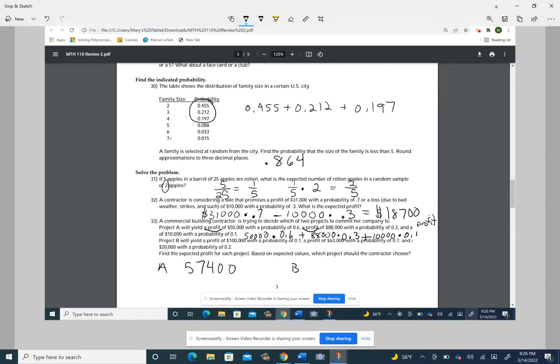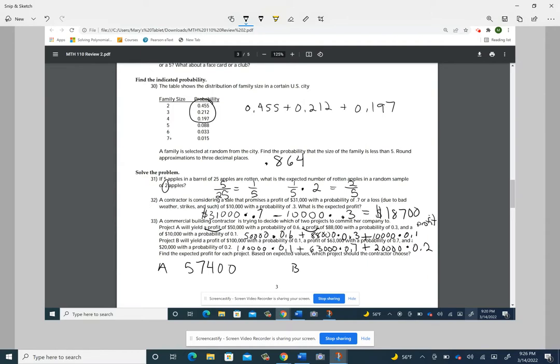Then with project B, I do the same thing. I'm going to take 100,000 times the probability of that happening, plus 63,000 times the probability of that happening, and then and A, and it doesn't say, so let's assume it's profit of 20,000, okay, with a probability of 0.2.